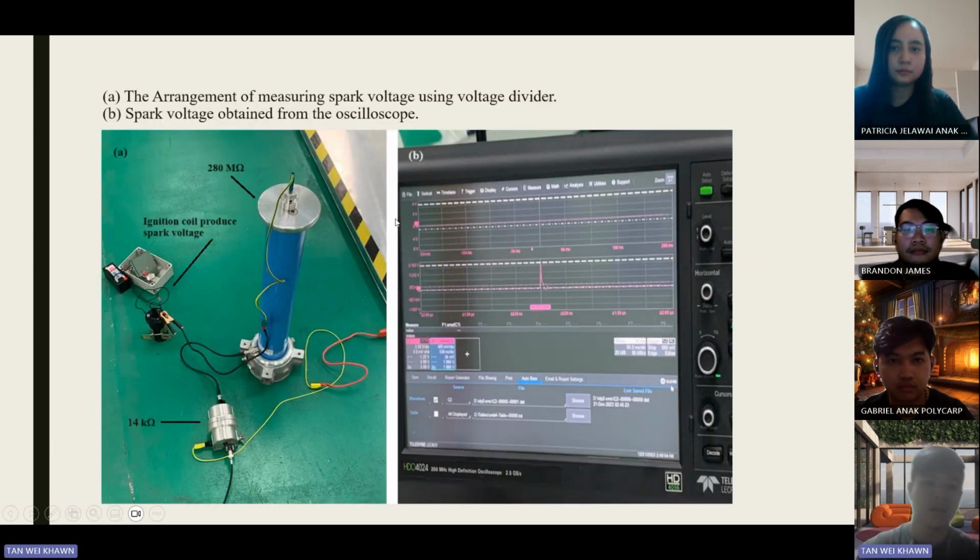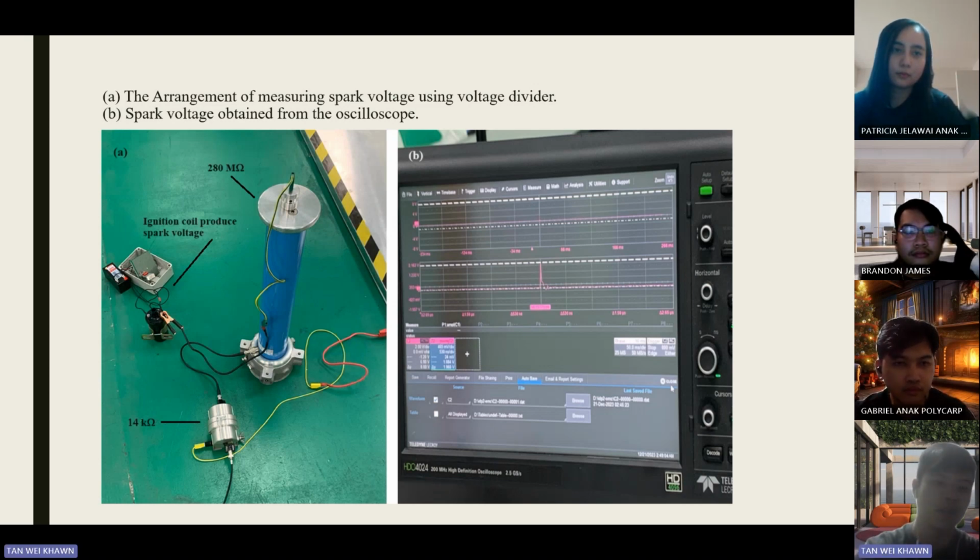Okay, next. This is the arrangement for measuring spark voltage using a voltage divider. And B is the image of the spark voltage obtained from the oscilloscope. From figure A, you can see that the ignition coil is connected to the resistor, which is 280 mega ohm.